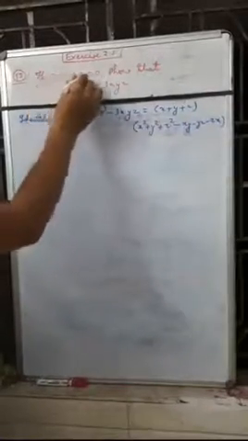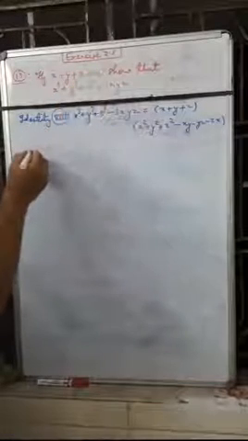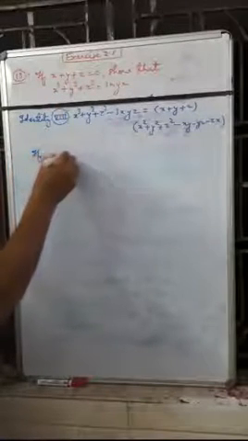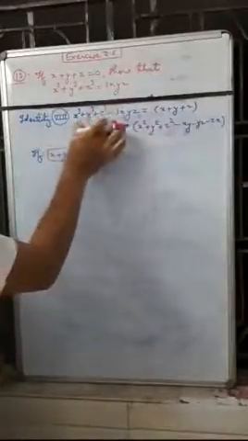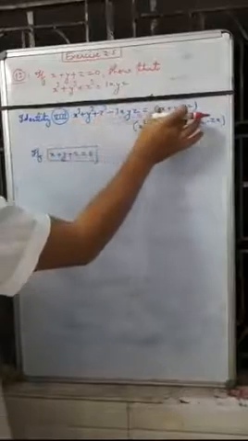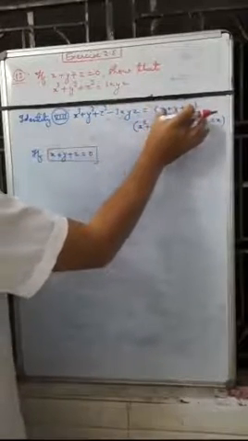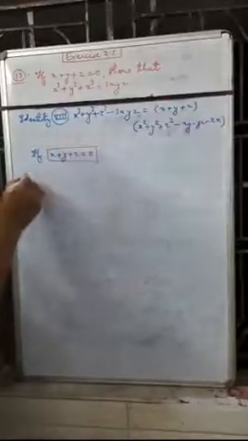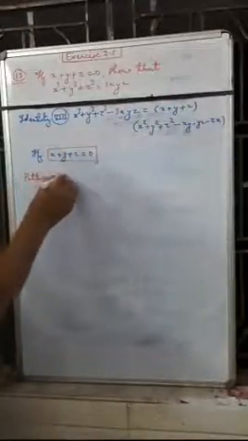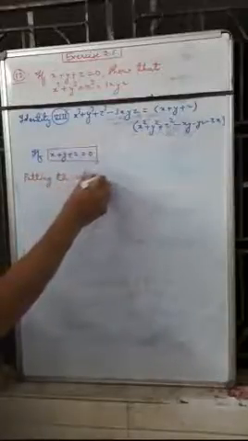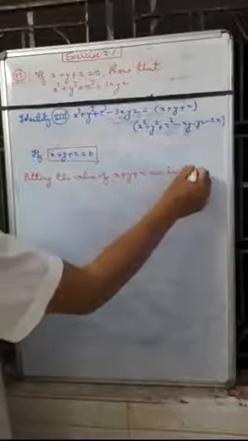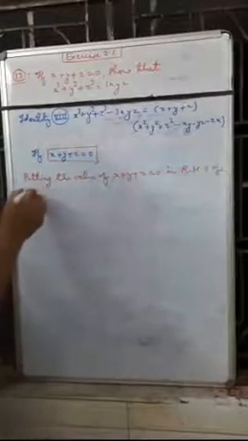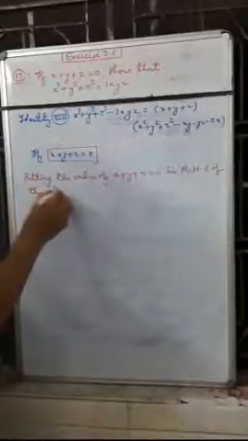So here, if x plus y plus z is equal to 0, then looking at this identity, we will put x plus y plus z equal to 0 in the right hand side of the identity.